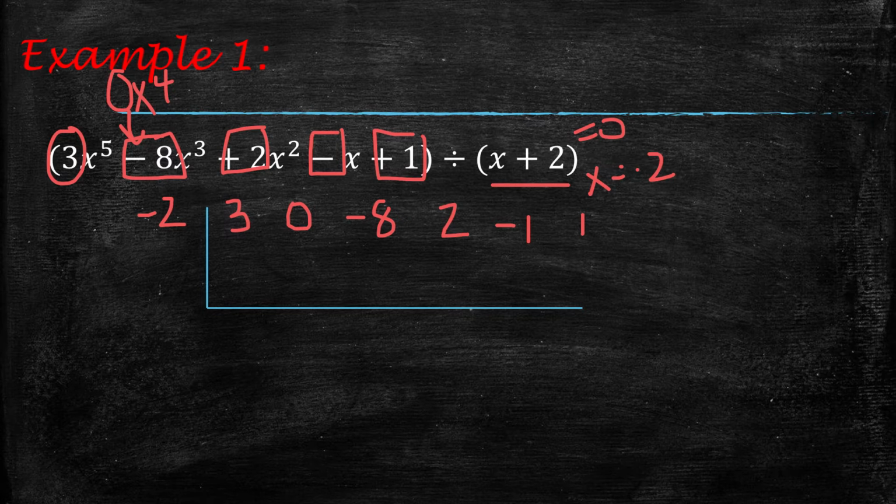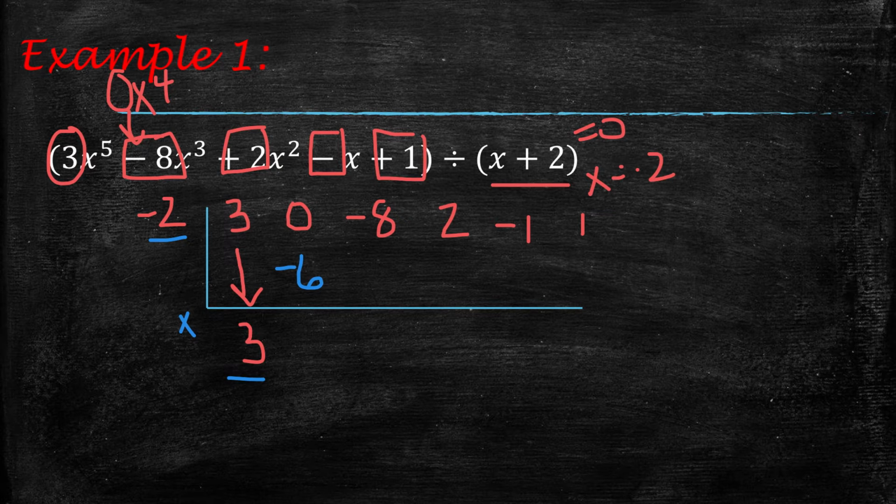Okay, every time you divide synthetically, the first thing you're going to do is you're going to bring down that first number, okay? Then what happens is you take this -2 and you're going to multiply it by this number. So -2 times 3, and that's going to go here. So you're going to put your -6 here.